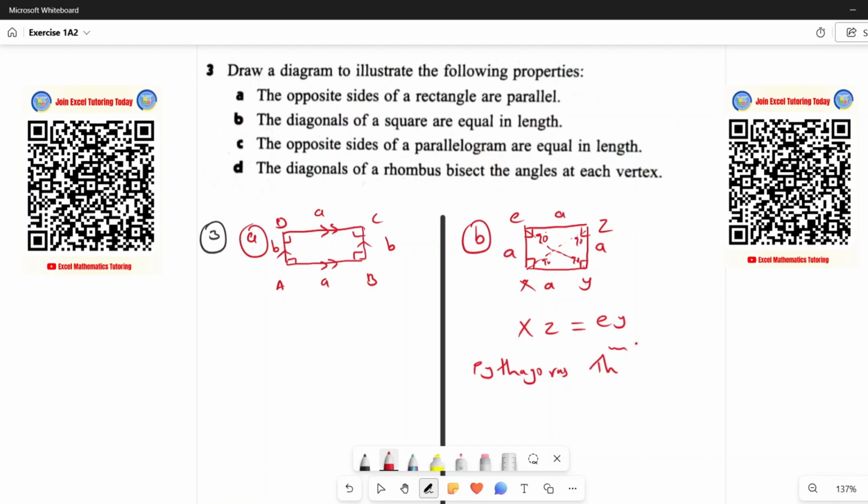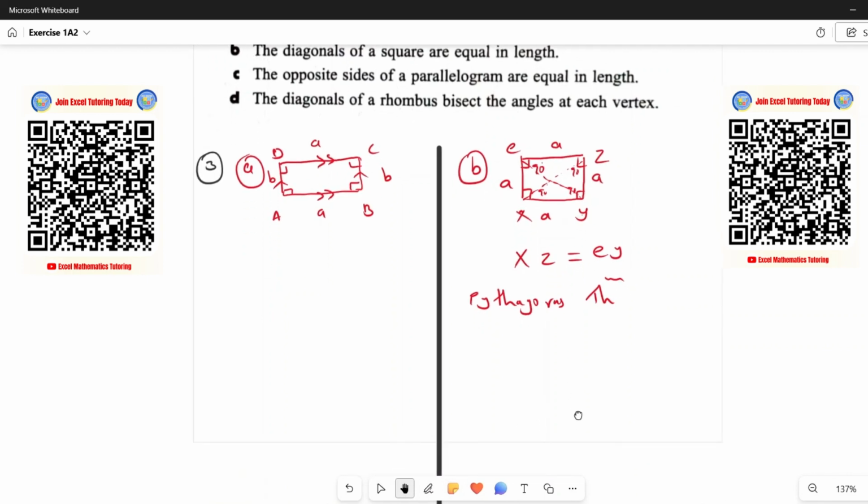Now find the length of xz and the length of ey by using the Pythagoras theorem. You can prove it easily, the diagonals are of equal length. Or else use the divider, draw a perfect square and measure the lengths of ey and xz. By using that also you can prove they are equal.